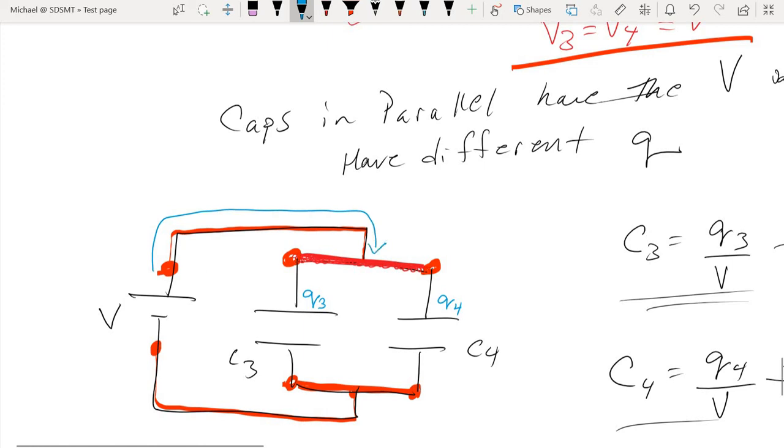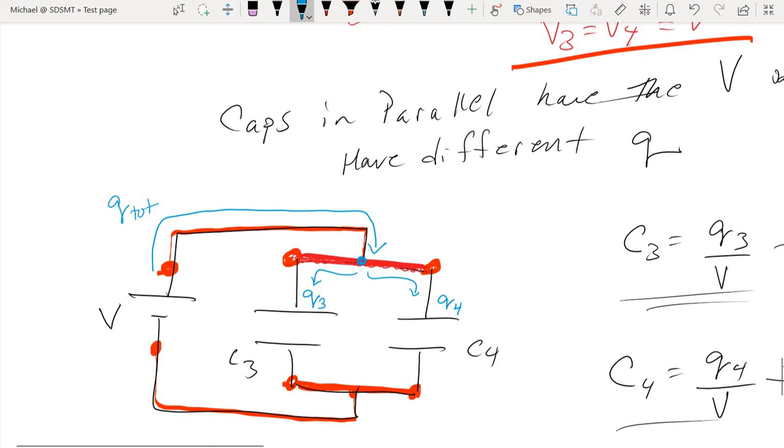The battery is going to send a total amount of charge out to the circuit, but then there's this intersection right here where the charge has to decide if it's going to go to capacitor 4 or capacitor 3.